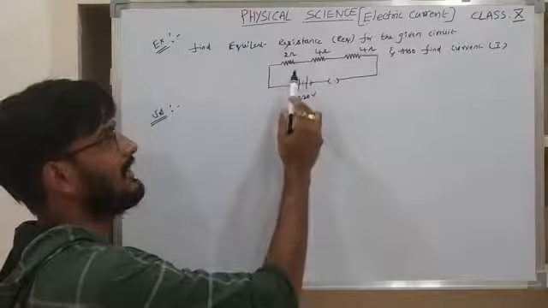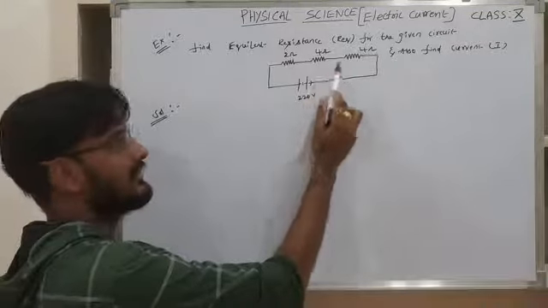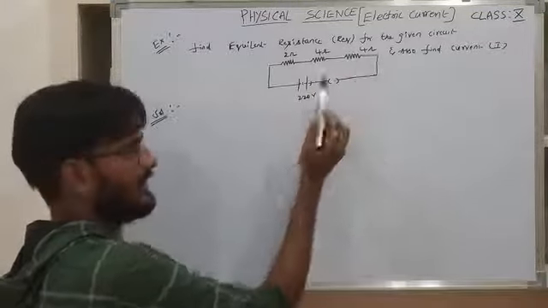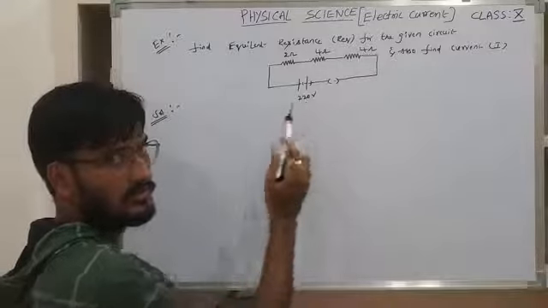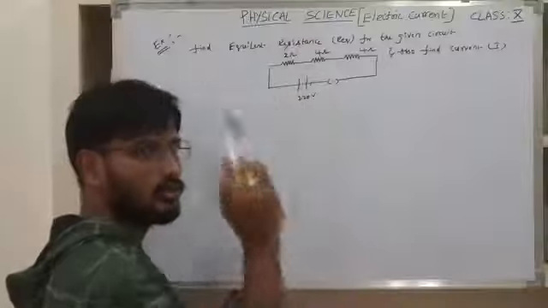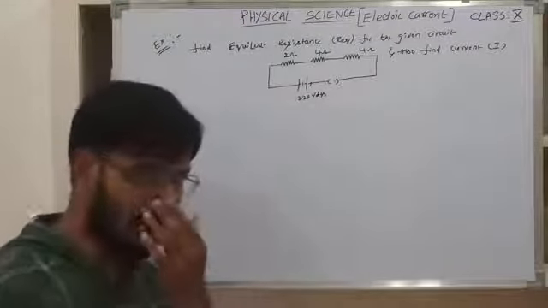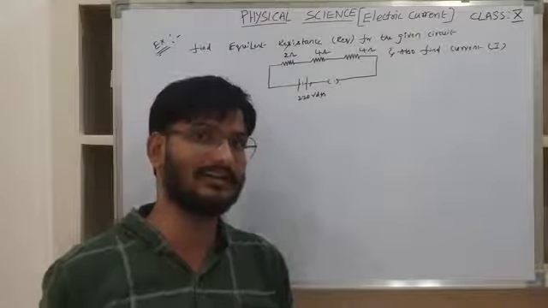Observe here: 2 ohm resistance, 4 ohm resistance, 4 ohm resistance. Here 220 volts voltage is given. Now we are calculating the equivalent resistance.